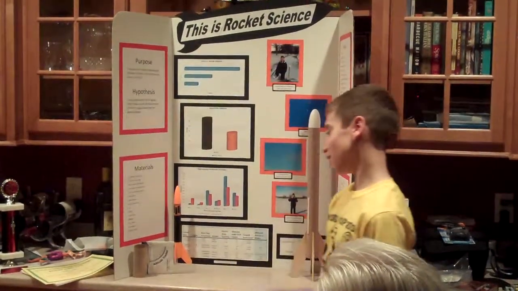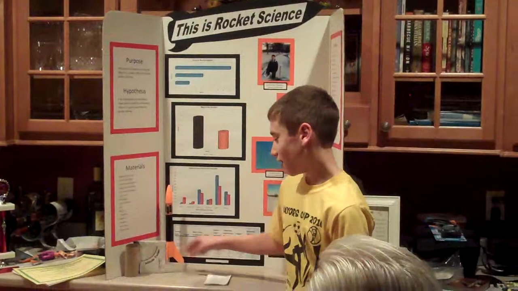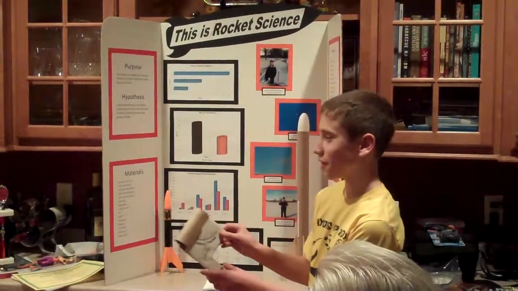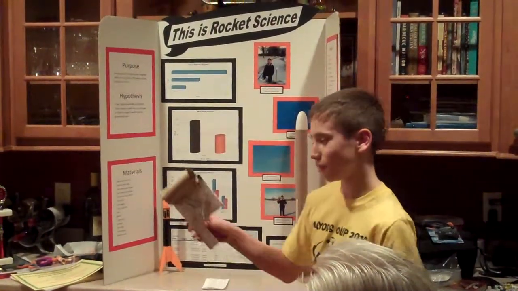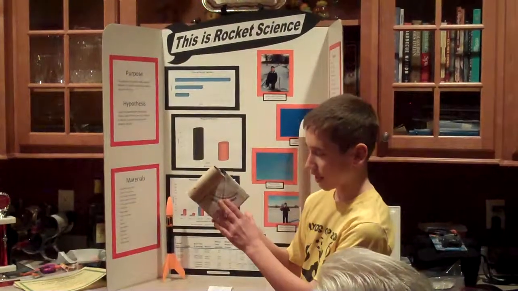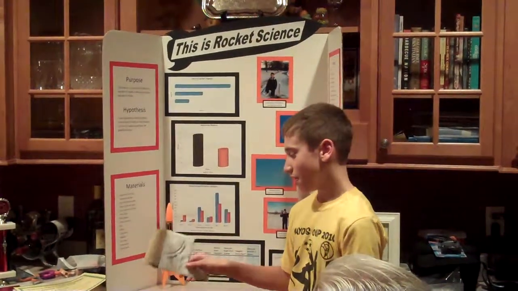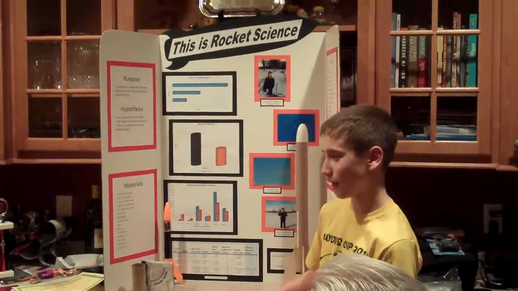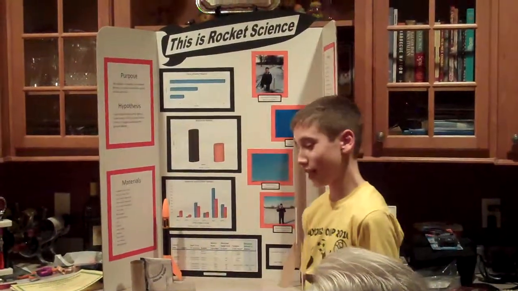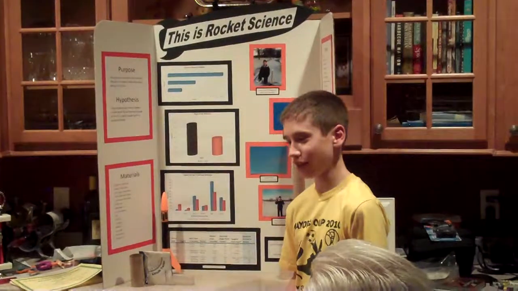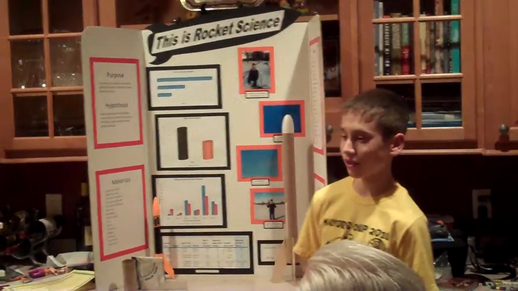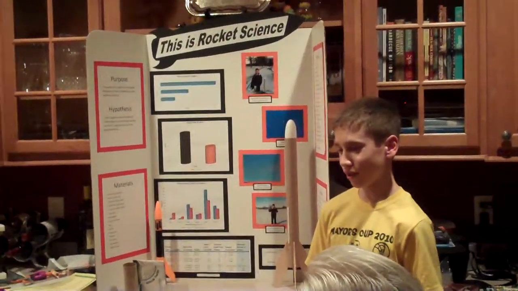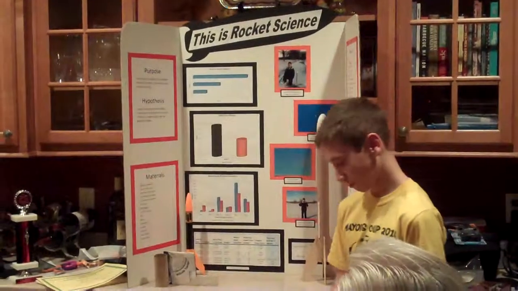And for the observed altitude, I used the altitude tracker, where I had to look up through the tube, and then I got an angle with this. And then I put that into a chart to get a tangent, and then multiplied that by the baseline, which is how far the measure is from the launch pad.